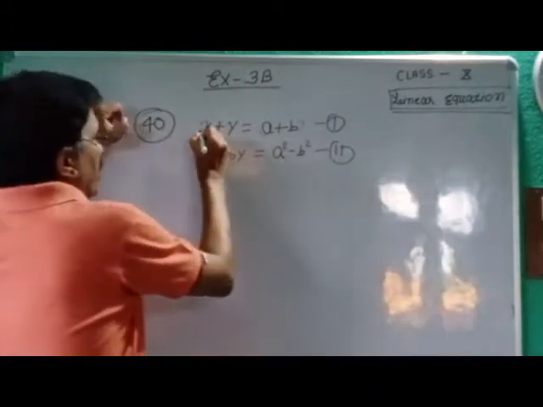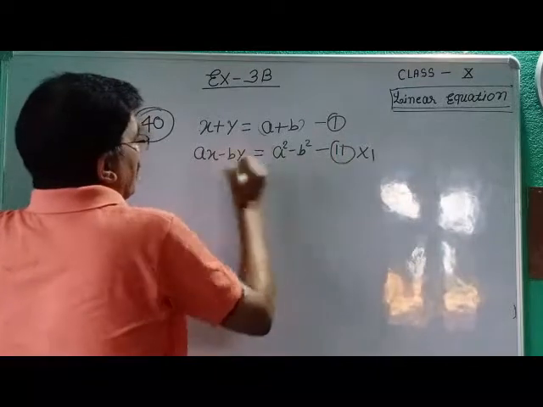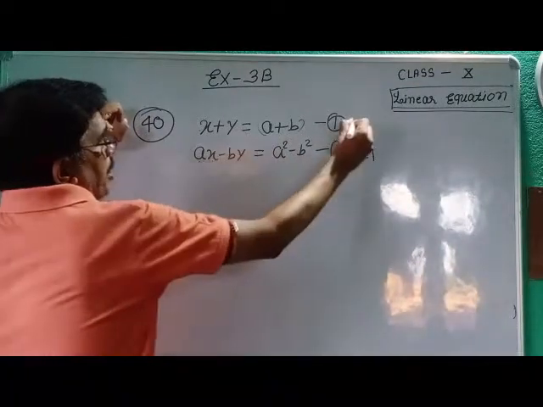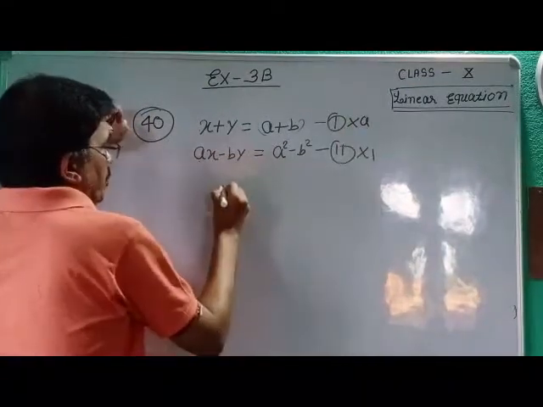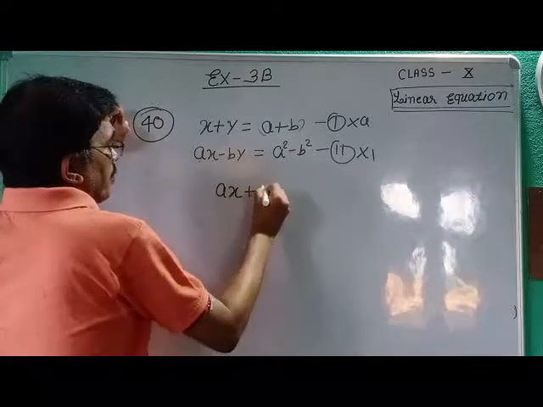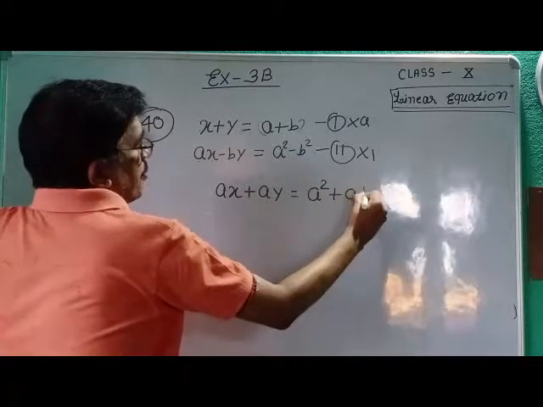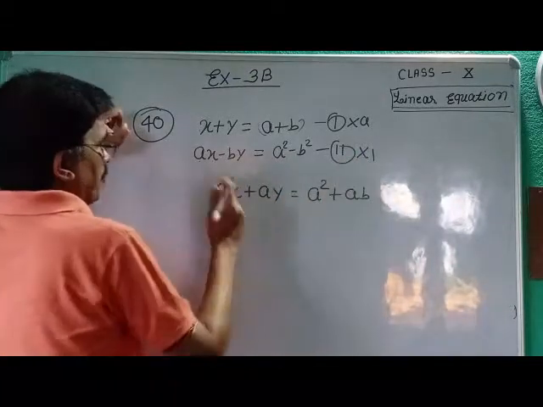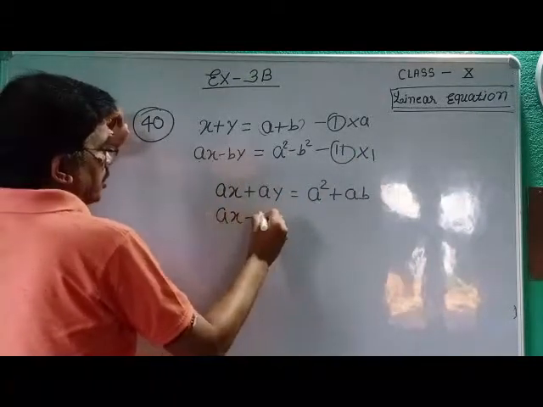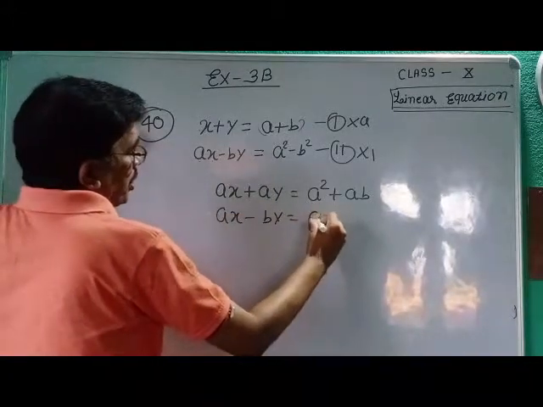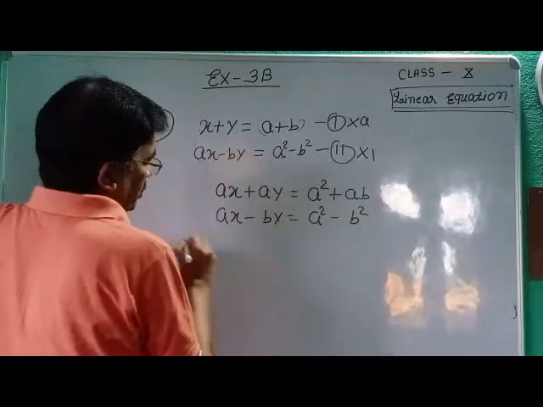The coefficient of x is 1, so this is multiplied by 1. Here the coefficient of x is a, so multiply by a. What do you get here? You get ax plus ay is equal to a square plus ab. Similarly, multiplying by 1, then ax minus by is equal to a square minus b square.